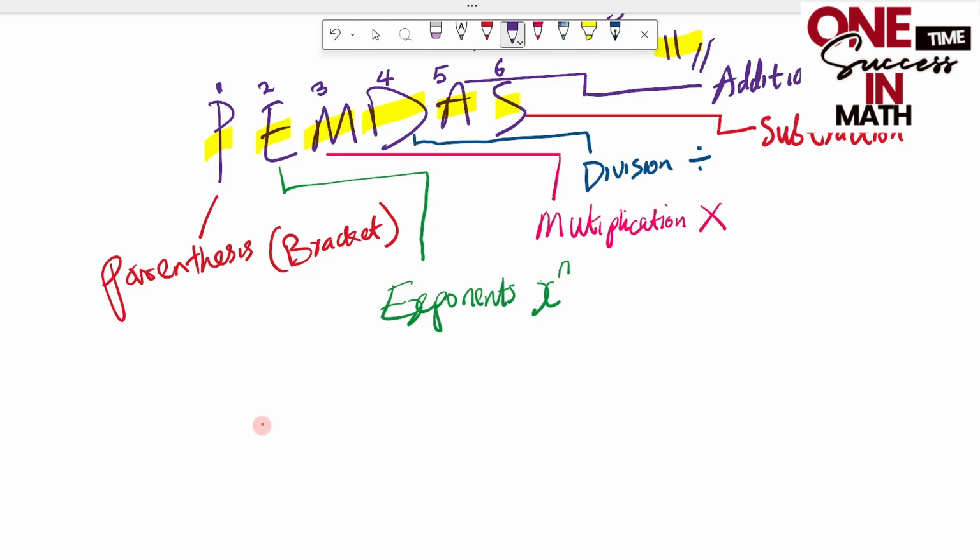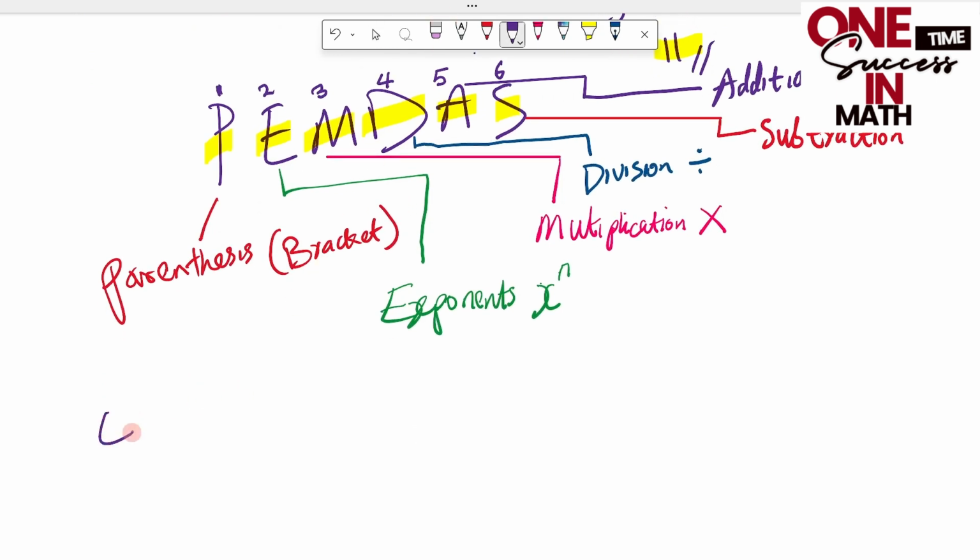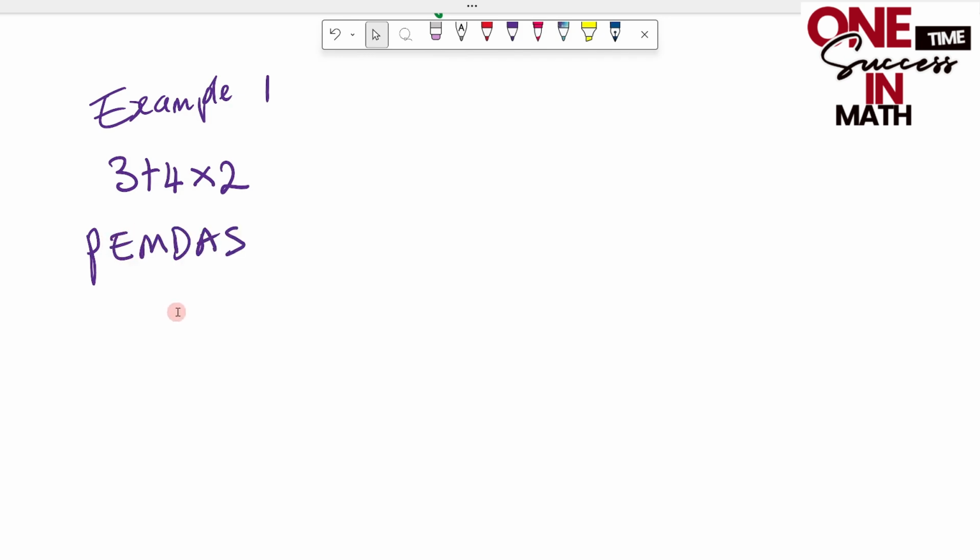So let's solve a real example, just the one that we solved earlier. Let's repeat it and now know who is correct and who is wrong. Example 1 from what we had earlier. The question is 3 plus 4 times 2. We said the order of operation that we are going to use is PEMDAS. So in order to solve this properly, we'll start asking ourselves questions one after the other.